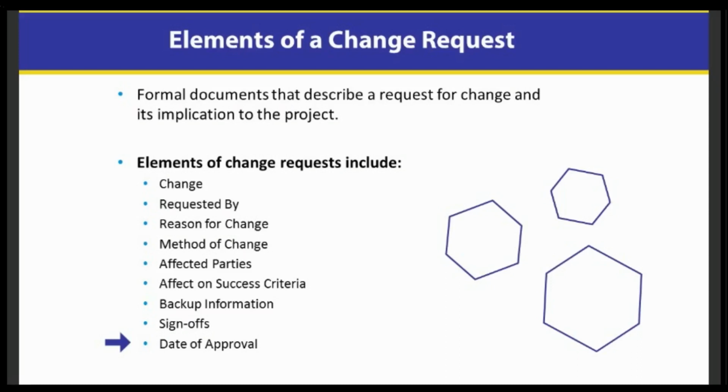So scope, the triple constraint: scope, time, and cost. We're not going to change anything associated with that unless it goes through change control. And I'll tell you why. Because this is a way for us to legally add time or cost to the project. If we go over the triple constraint for our project, then technically we have failed as a project manager.